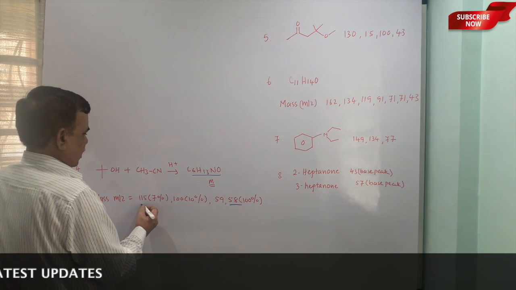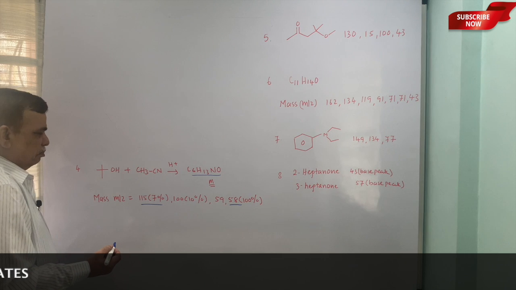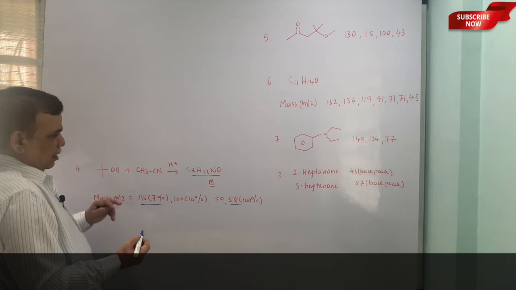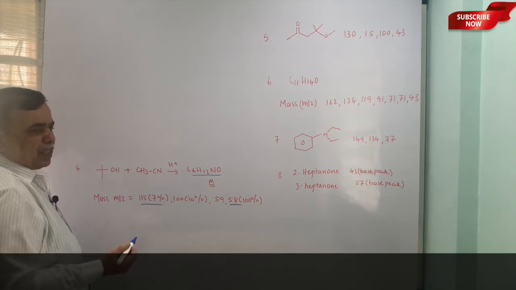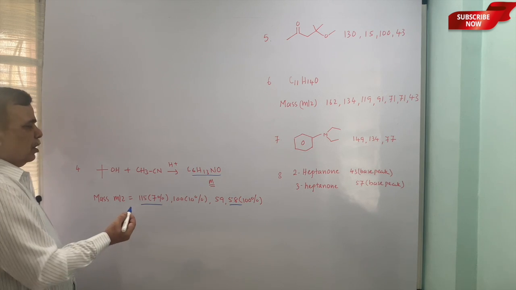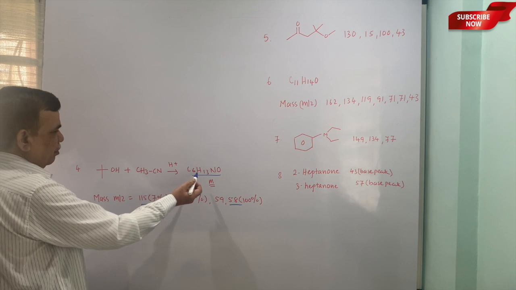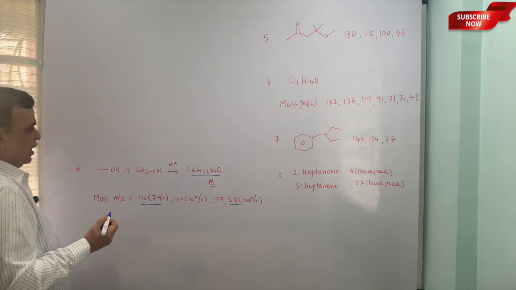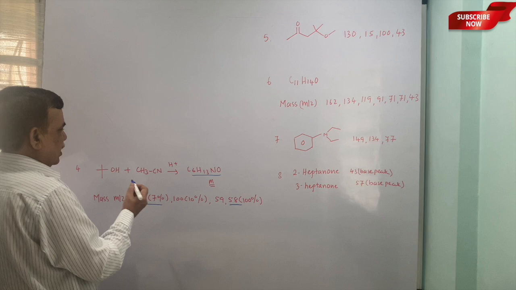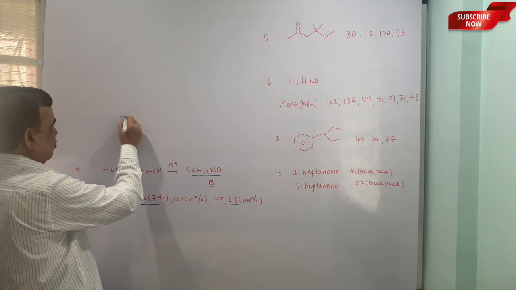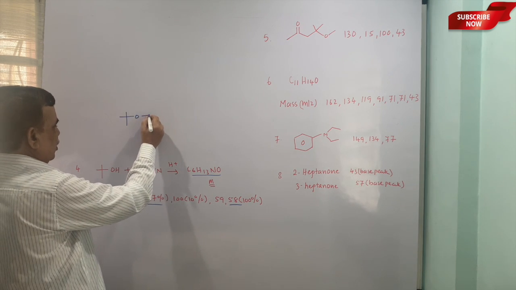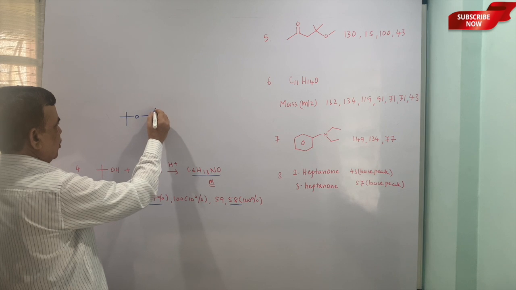59 looks like M plus. Retaining nitrogen means odd mass, according to the nitrogen rule: odd number of nitrogen, odd mass. So the intermediate contains oxygen as well as nitrogen. Let us draw the structure.